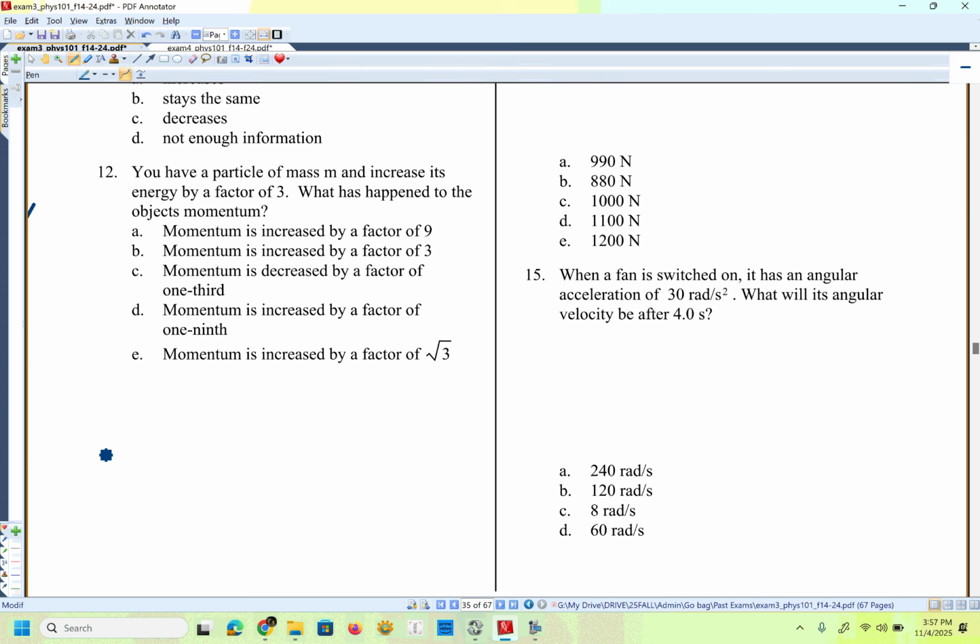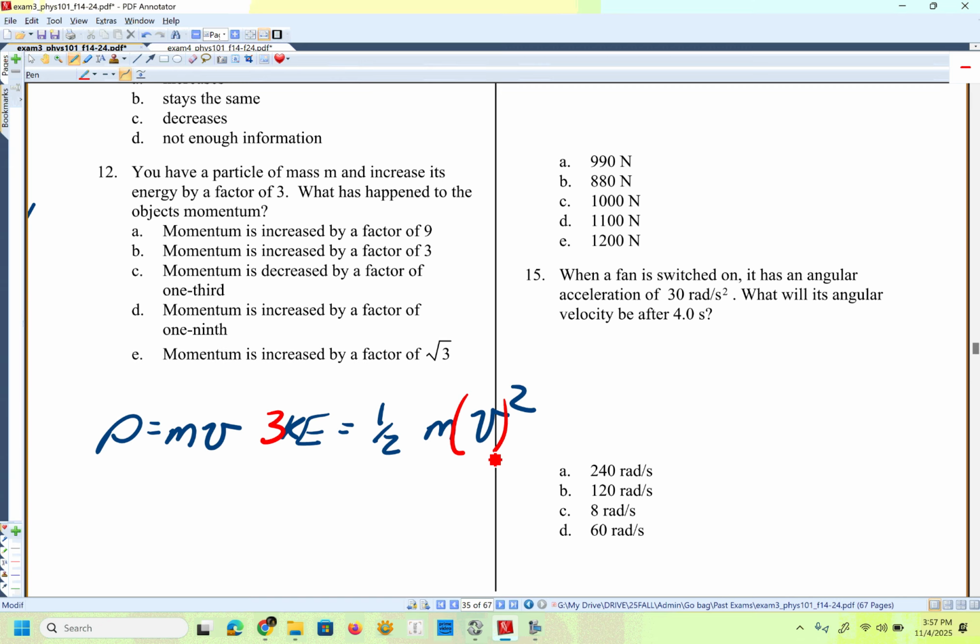Let me show you. The momentum is equal to m times v. The energy, the kinetic energy, is equal to 1/2 mv squared. I say I increase its energy by a factor of 3. That means this increases by a factor of 3. So what must I have done to v in order to increase the energy by a factor of 3?